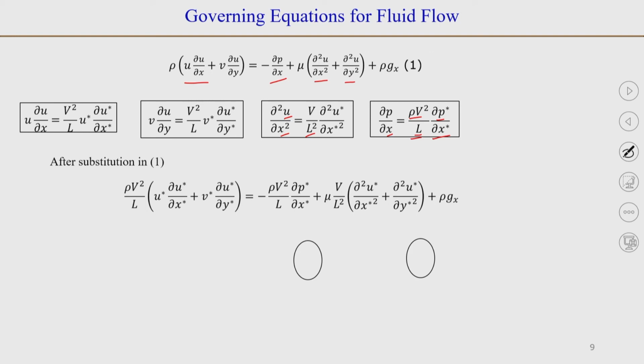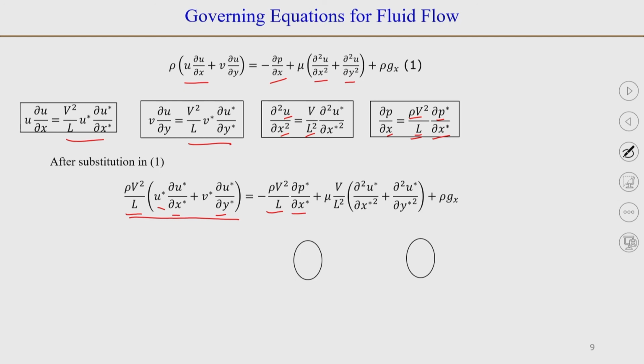Let us substitute these terms here. From these two terms, we can collect V squared by L outside the bracket. So, the left hand side will be rho V squared by L, and within the bracket u star del u star by del x star plus v star del u star by del y star. Now, coming to the right hand side, the first term, as we saw, is del p by del x, which will be equal to minus rho V squared by L into del p star by del x star.